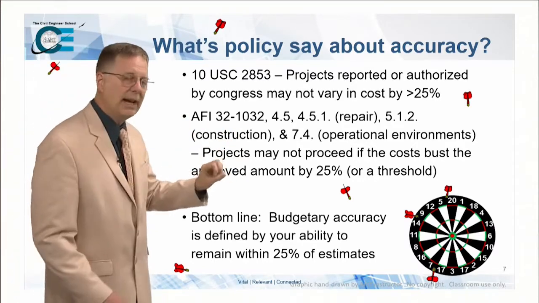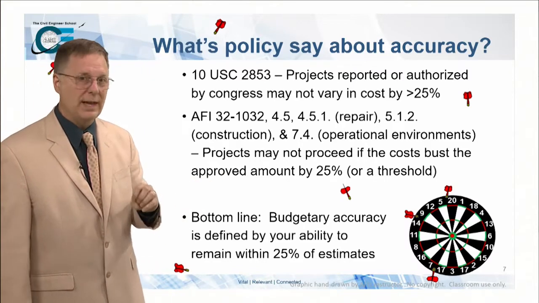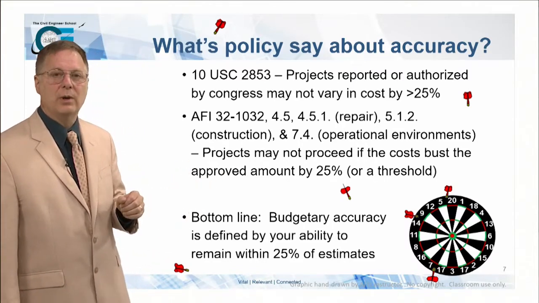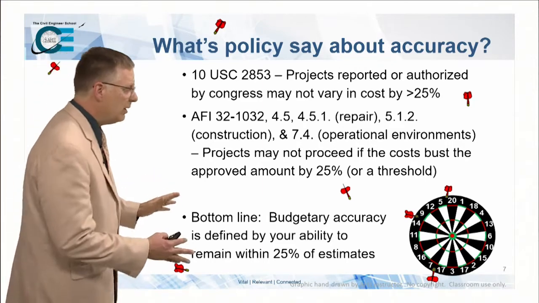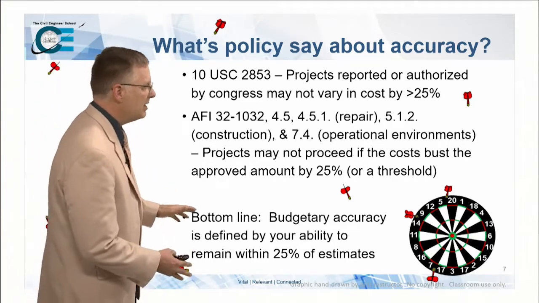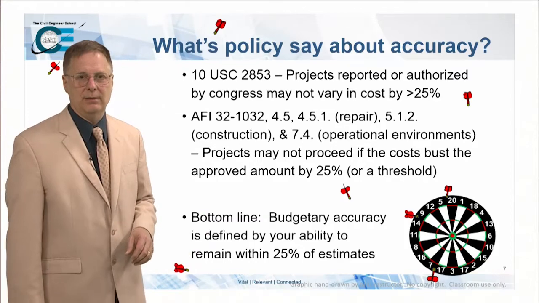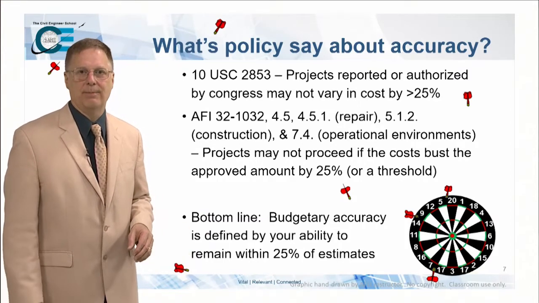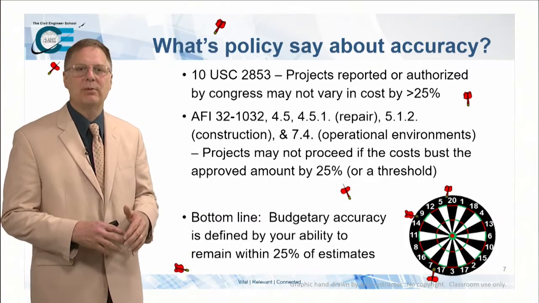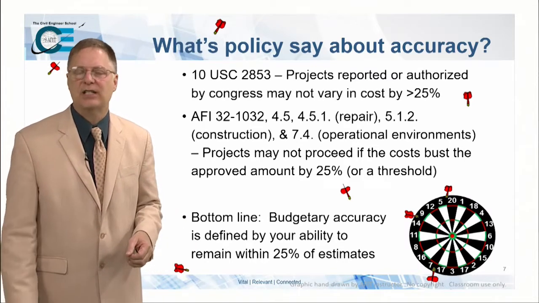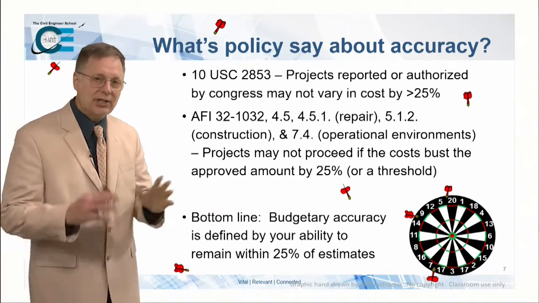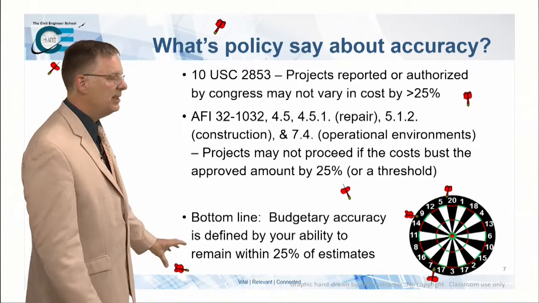Essentially, it says it can't vary by 25%, unless you cross the threshold without getting reapproval. And here's what the bottom line is. It says, essentially, we're defining accuracy by 25%. So if you're within the 25%, we consider that budgetary estimate to be accurate enough. Outside of that 25%, it is inaccurate.